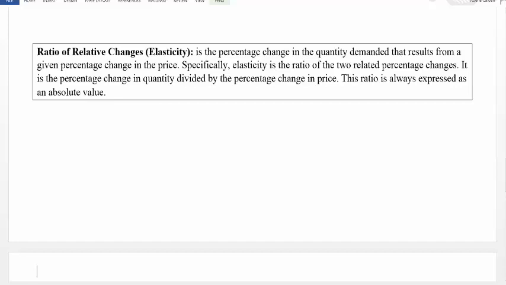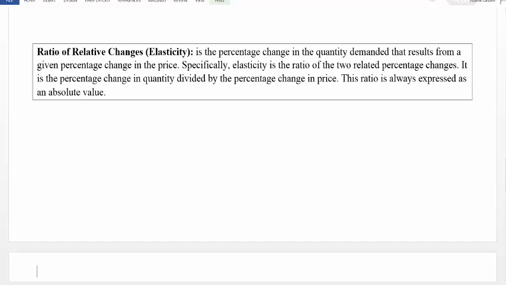Specifically, elasticity is the ratio of the two related percentage changes. It is the percentage change in quantity, so that's what we looked at in the last problem with the necklaces, the change in how much we sold, divided by the percentage change in price. So we didn't look at that in the last problem, but we will in the next.